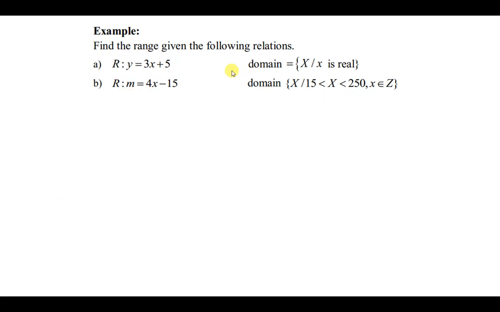For this one, it is straightforward. The domain has been given: these are numbers that are between 15 and 250. What we are going to do is find the minimum and the maximum value of the range. And how do we do that? We're looking at numbers between 15 and 250, and they've told us this is a set of integers.